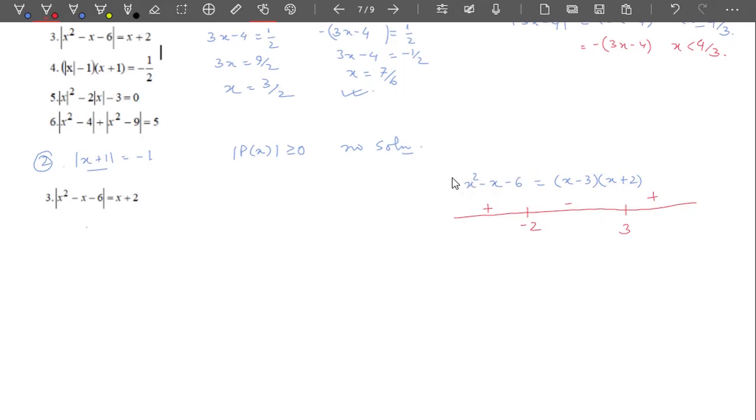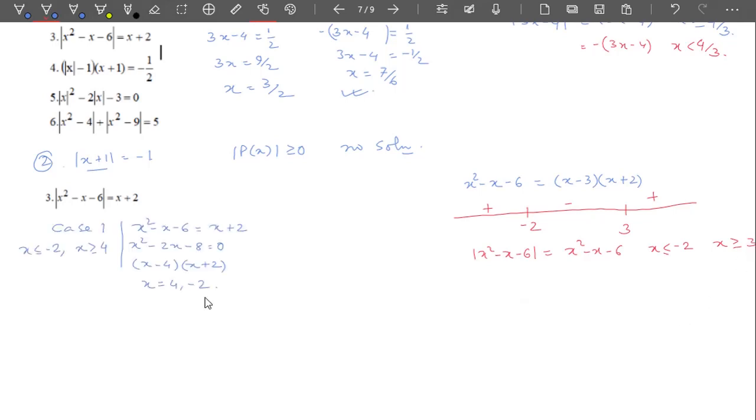So when you are taking modulus of x square minus x minus 6, this is equal to x square minus x minus 6 when x is less than minus 2 or when x is greater than or equal to 3.